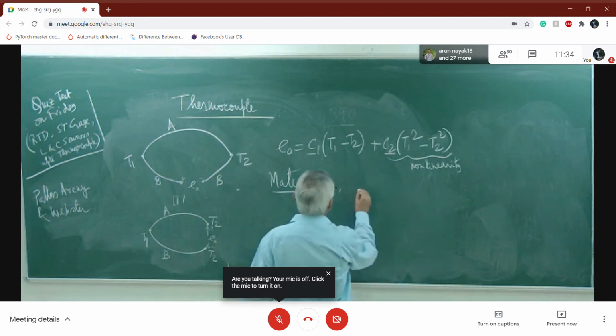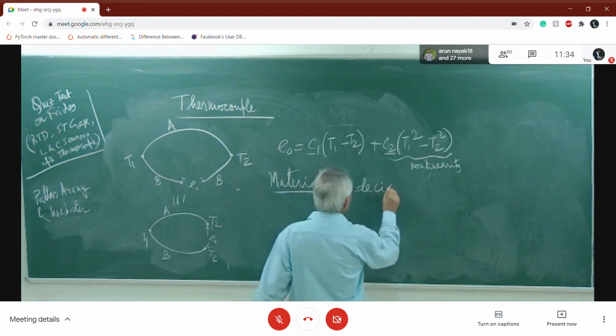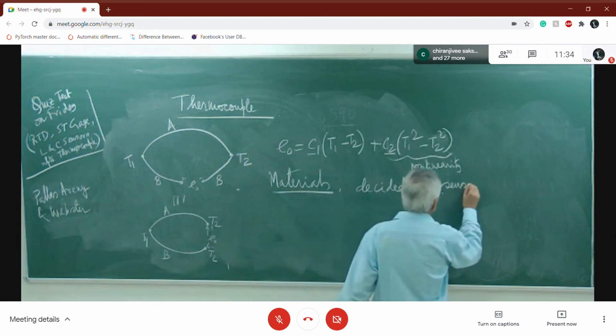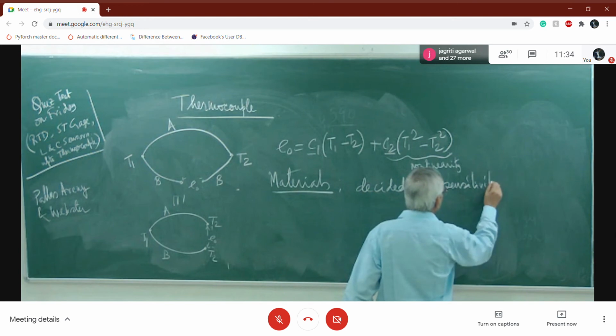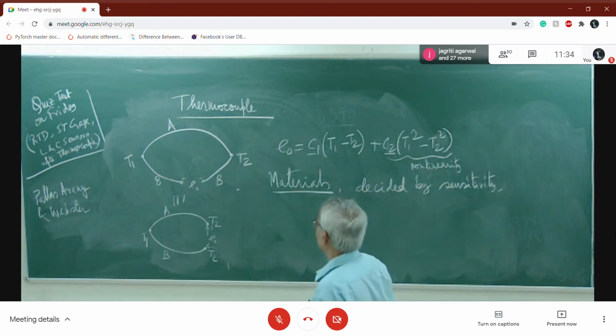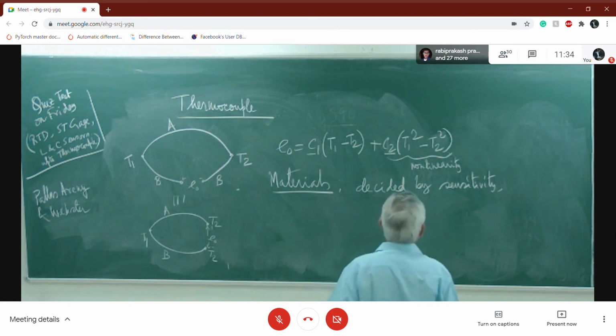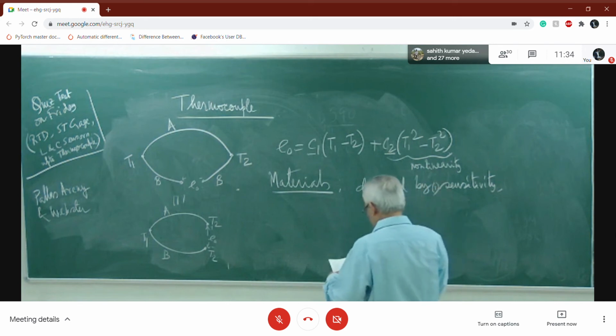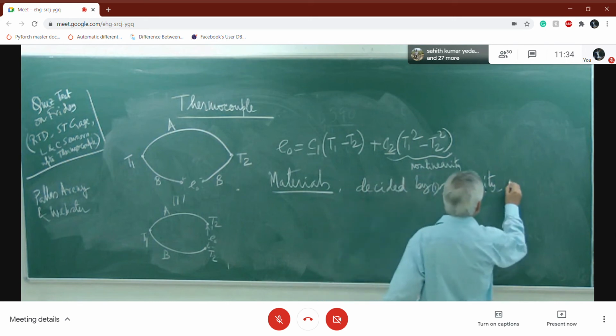This is decided by sensitivity. Some material combinations may have a very low sensitivity, which we do not want. Then it is inertness.